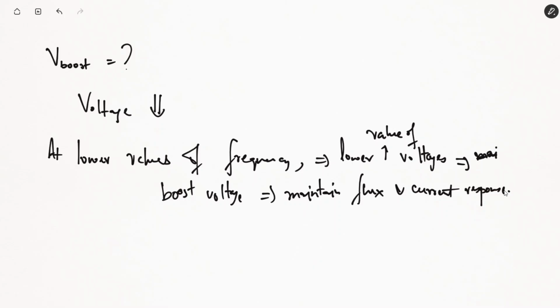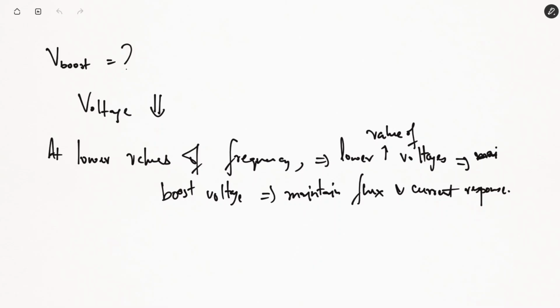So to generate the magnetic flux, you will have to give some additional amount of boost voltage. ठीक है. So जब आपका voltage value कम होगा उस टाइम पे boost voltage act करेगा to actually generate flux and to actually maintain the current rating below the higher rating values. ठीक है, ताकि आपका सिस्टम ना जल सके.